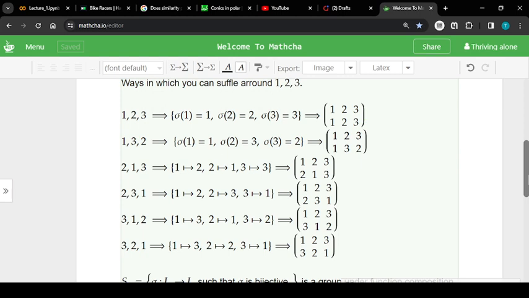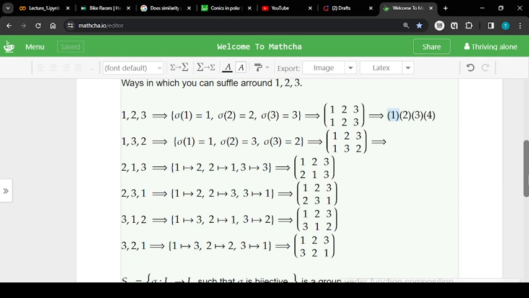So you should read the cycle notation here. 1 is mapped to 1, so we just open bracket, close bracket with a single digit in it, which indicates a fixed point.